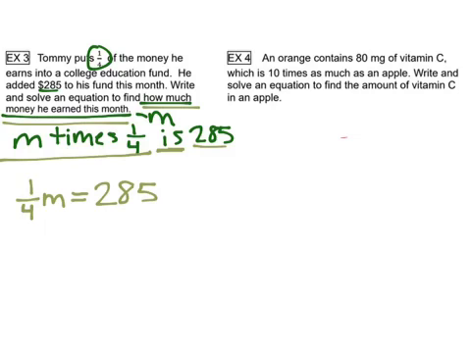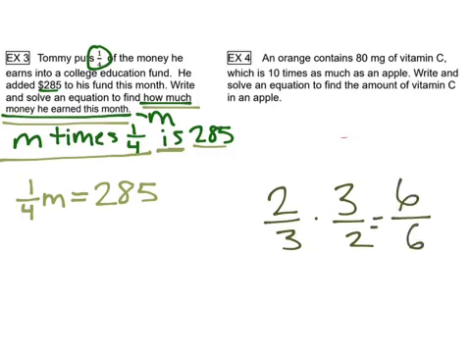The reciprocal is the flipped version of a fraction. The reciprocal of 2/3 would be 3/2. If we multiply those together, 2 times 3 is 6, 3 times 2 is 6, so 6/6 is 1. That's why we multiply by the reciprocal, because it ones out and cancels out, so we won't have the fraction anymore.